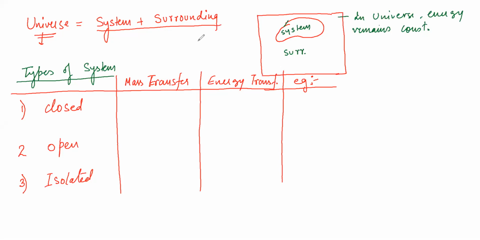In closed system, there is no transfer of mass. जब भी हम ट्रांसफर की बात करते हैं, always remember transfer means what? It is always, if this is your system, this is your surrounding. So whenever term transfer comes, so it should cross boundary.